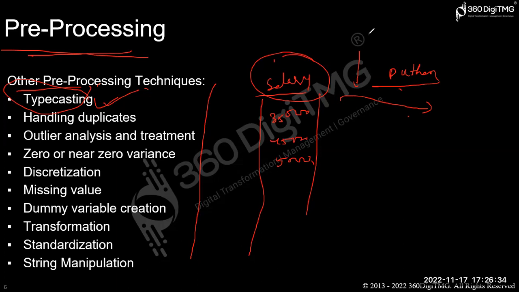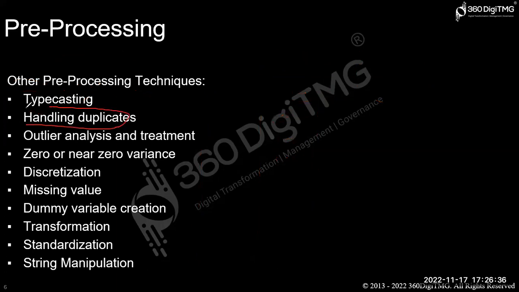And then we'll be having duplicates. The same data, duplicating itself. If we have the same data one more time in our data frame, we will be calling it a duplicate.